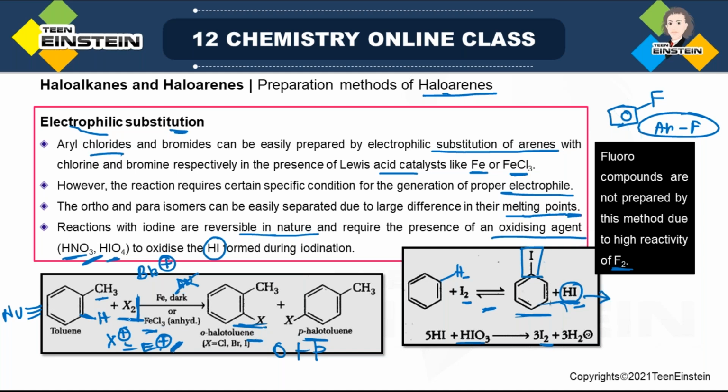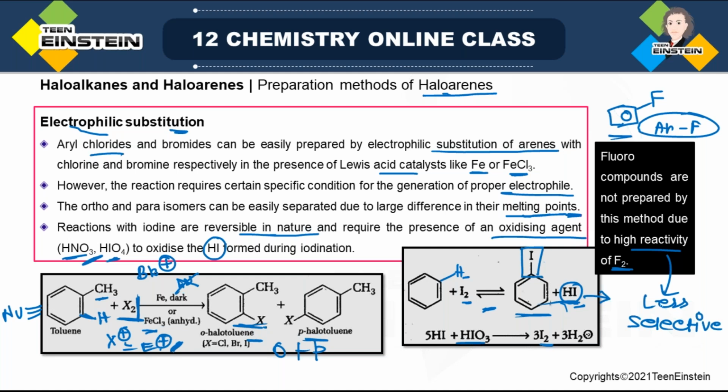Just as in other cases you have used bromine or chlorine or iodine, but the problem with F2 is that it is very reactive. So handling of this reagent is difficult, and even if you get the product, there will be some other undesired product also, because F2 is very reactive, and whenever any reagent is very reactive, that means it is less selective.